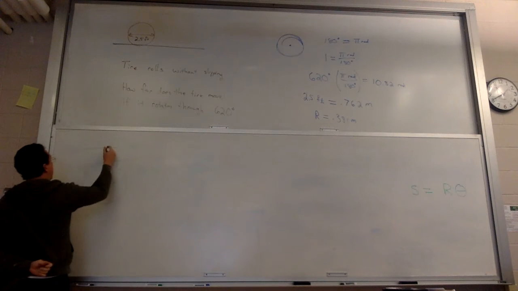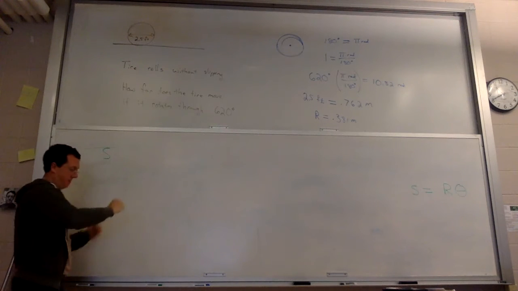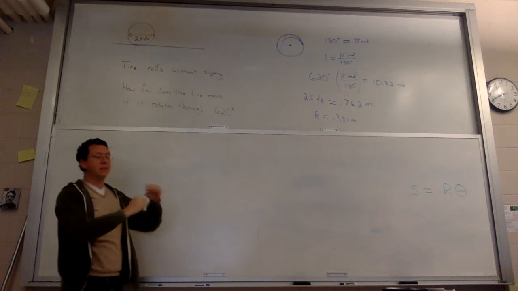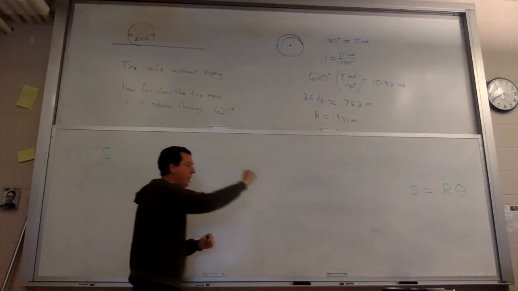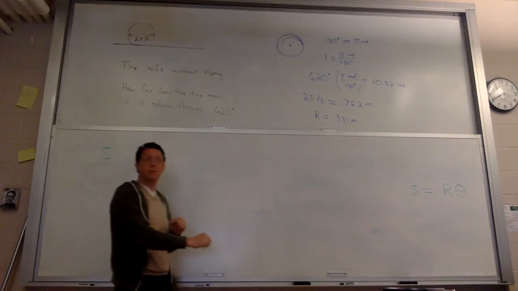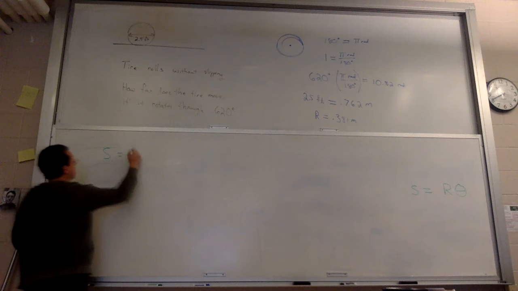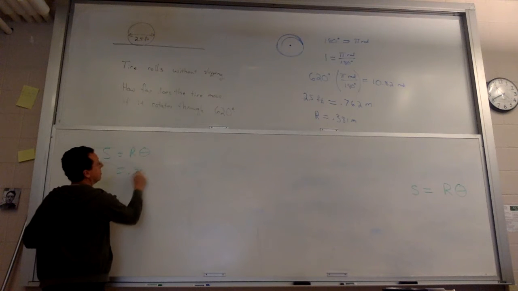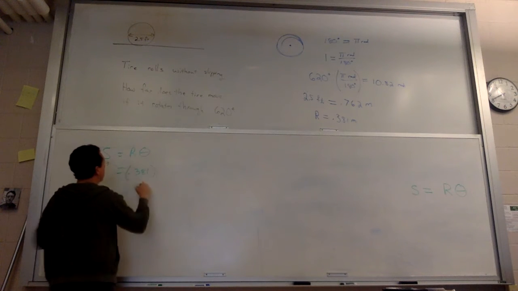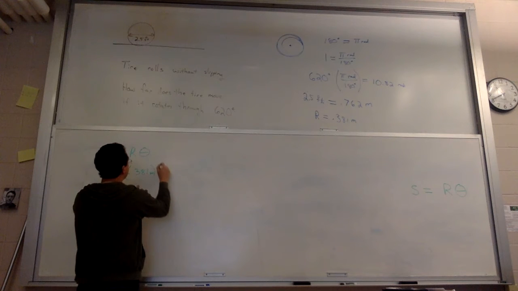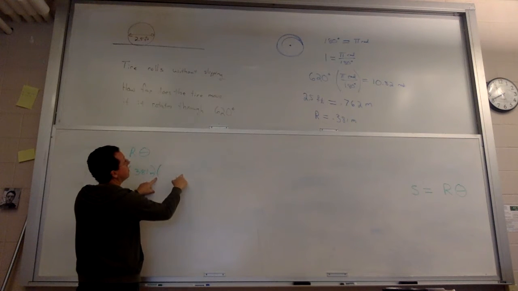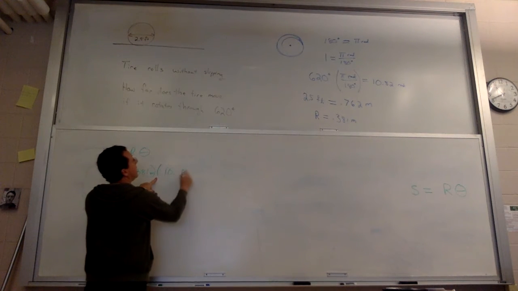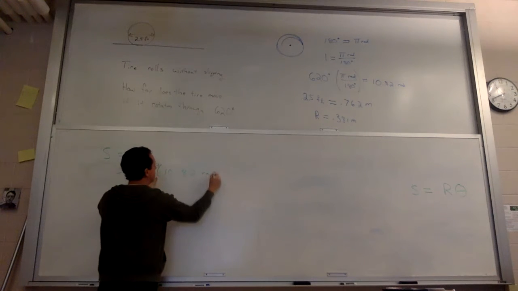So the amount of arc length which has come in contact with the ground as it rotates equals r times theta. I plug in my numbers: 0.381 meters times my answer in radians, 10.82 radians.